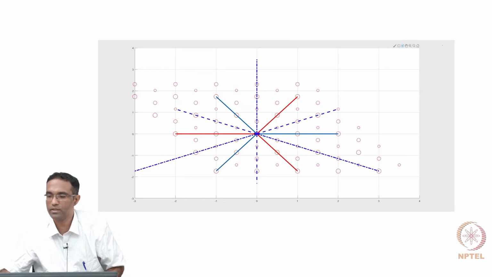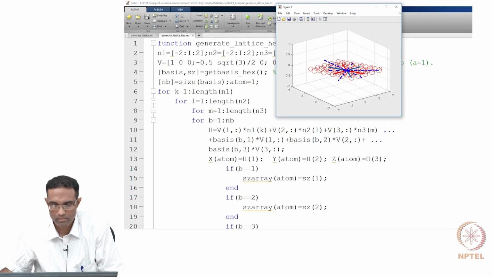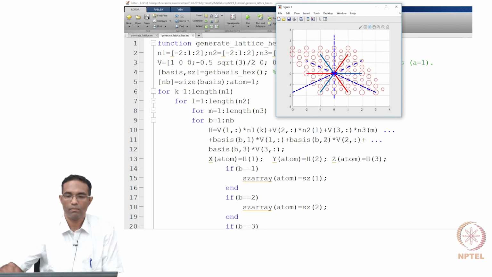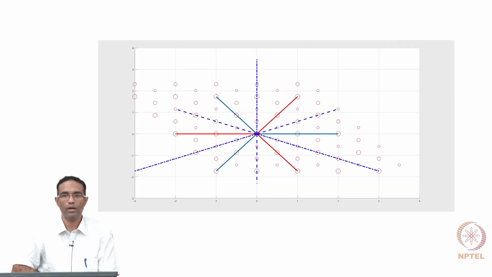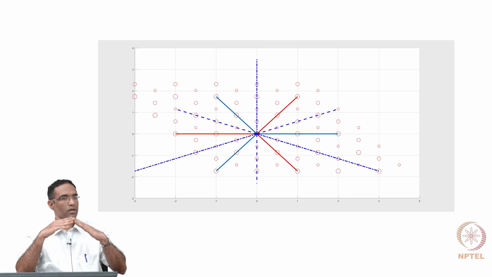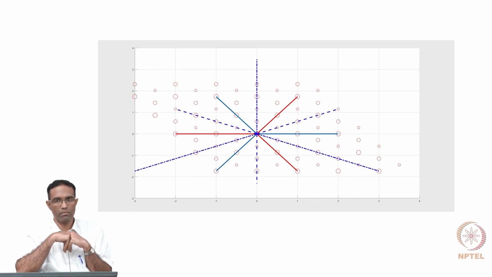This is what it generates. Let me just generate it again. The lines that have been drawn are all the ones which have 120 degree included angle between them.